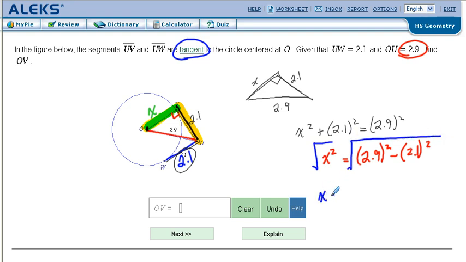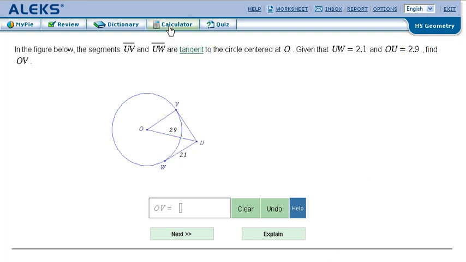So to solve for X, basically you do 2.9, square it, and you subtract 2.1 squared. And once you get that number, whatever it is, you square root it, and that's going to give you X. So we're going to pull out our calculator and follow that process.